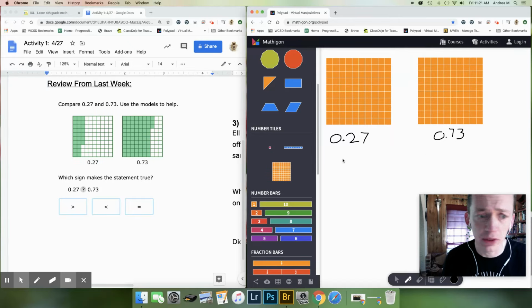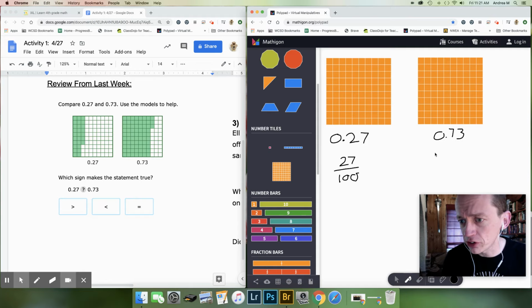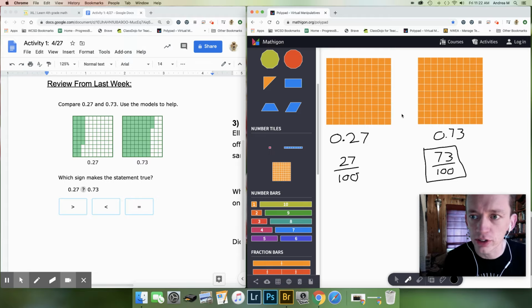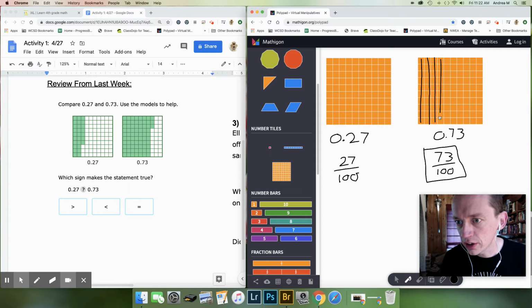All right, another way we looked at that last week as well was how we could write that as a fraction. That is 27 out of 100, okay, versus 73 out of 100. Now, when you see it like that, hopefully you'll notice that 73 out of 100 is closer to the entire thing because we have 10, 20, 30, 40, 50, 60, 70, right?